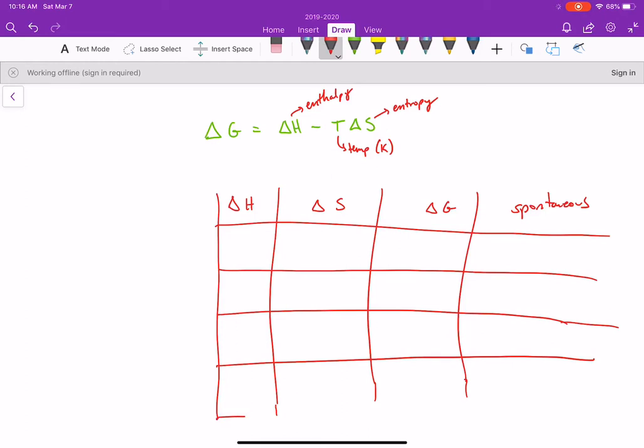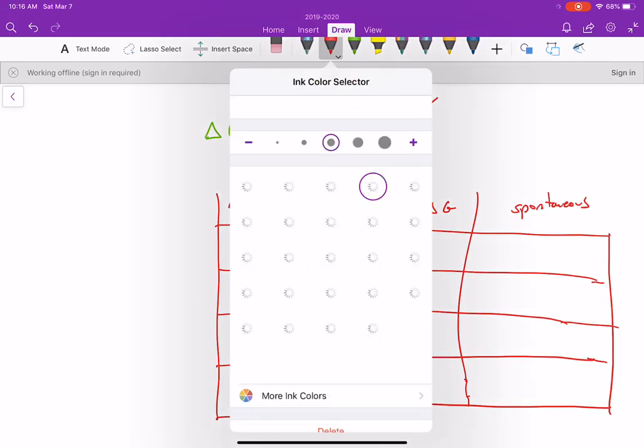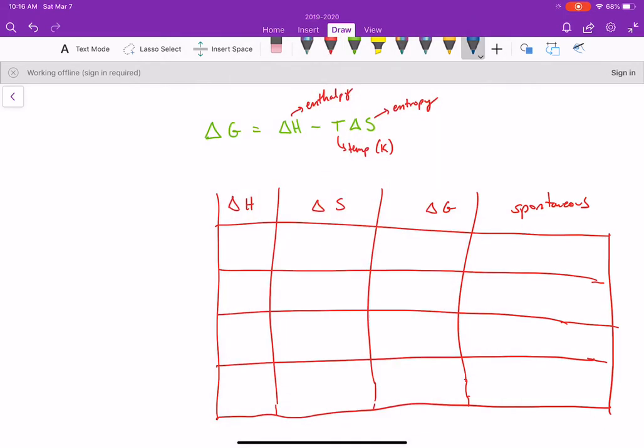I want you to tell me which sign is the most favorable for a process for H, right? In other words, if I wanted to get a reaction to happen, do I want a positive H or a negative H, right?